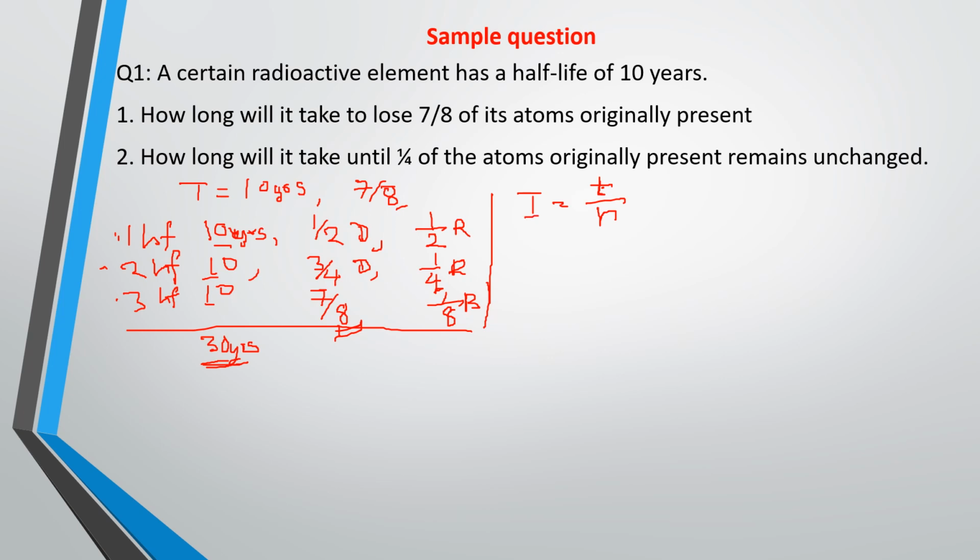And we are given that half-life is equal to 10. Don't forget that n is equal to the number of half-lives. So half-life, 10, is equal to time of decay all over 3. So the time of decay is equal to 3 times 10, and that gives me 30 years, because time of decay is given to us in years.